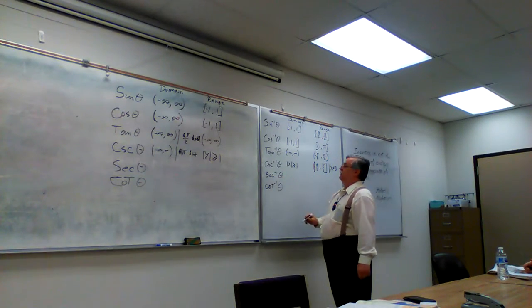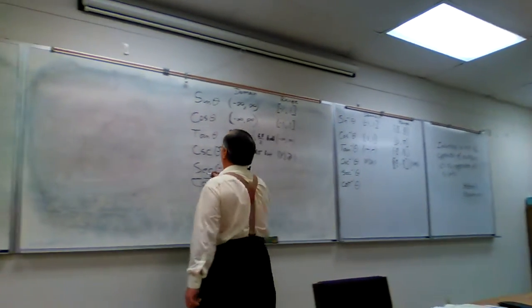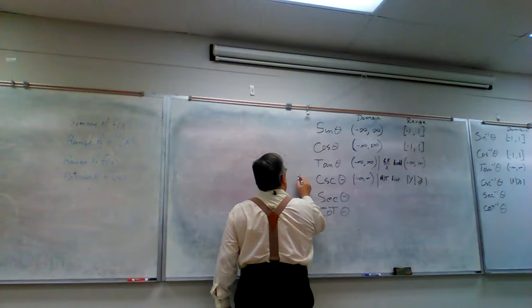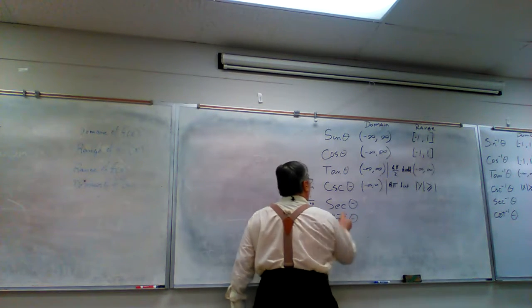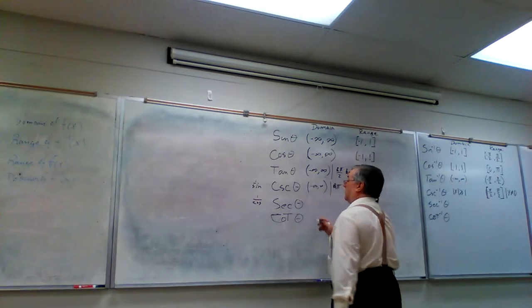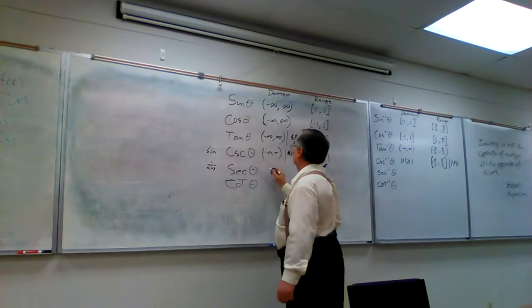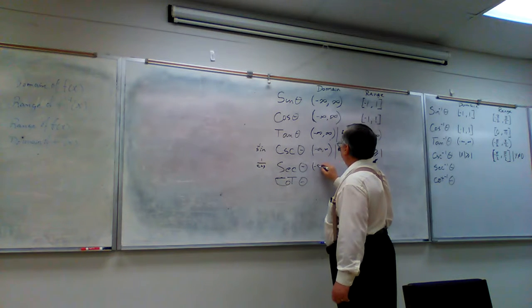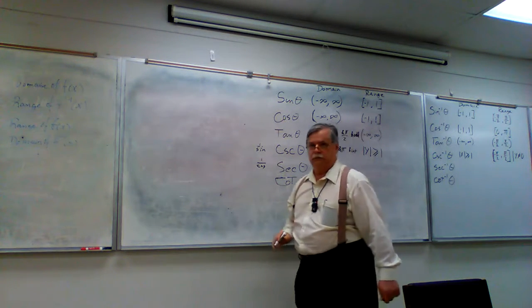Going now to the inverse secant function. Well, first the secant function is actually, this is 1 over sine. This is 1 over cosine. So what's the domain of the secant function? It's also minus infinity to infinity, but with what restriction?